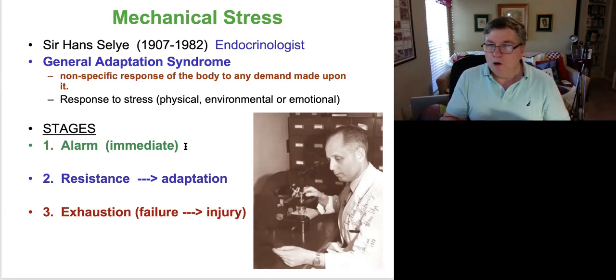There's also an opening of arterioles in skeletal muscle and the heart, trying to feed them. We also see an increase in oxygen consumption and oxygen demand in the tissues. So there's that immediate response.